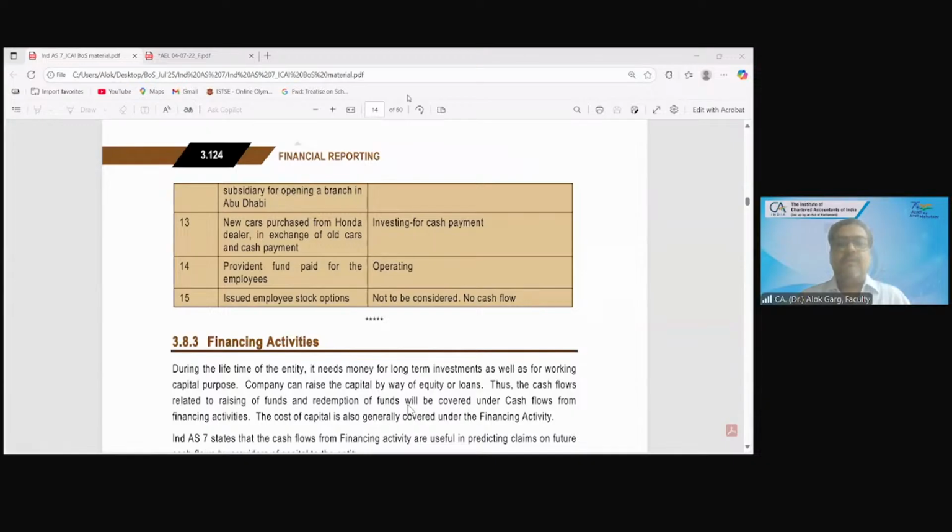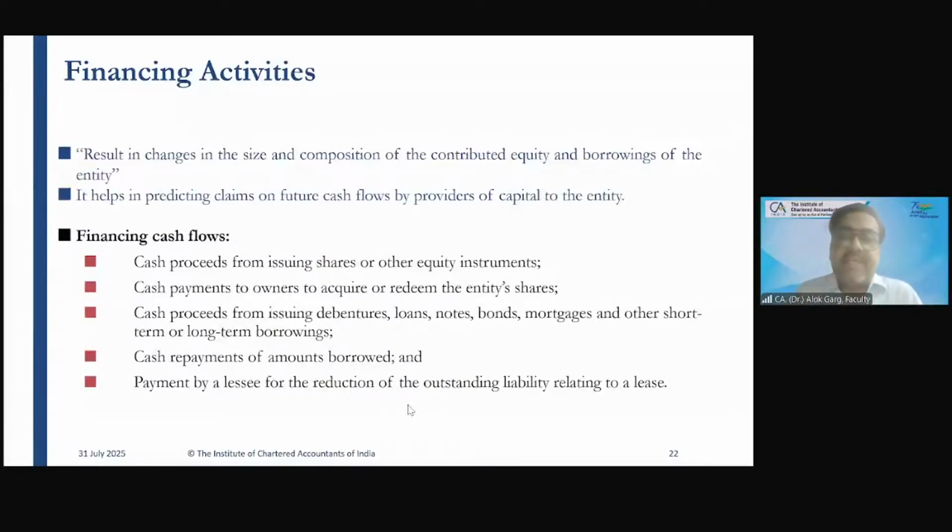Crystal clear. Now coming to the financing activity. What is the financing activity? It results in a change in the size and composition of the equity and borrowing. So this financing activity relates to the capital structure of the entity. Cash proceeds from issuing shares or other equity instruments, when the company is issuing shares.